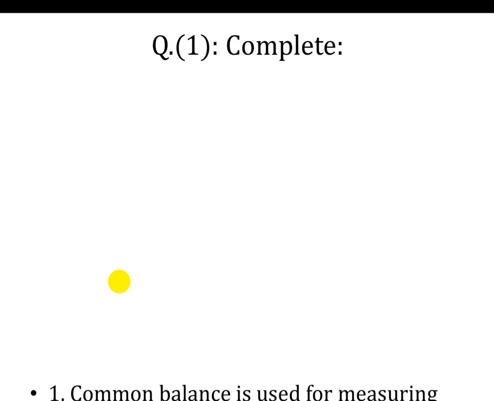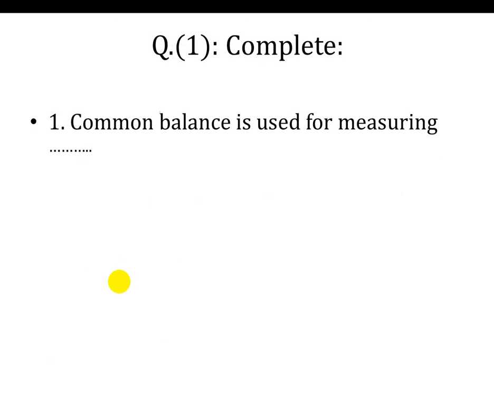So now let's make a worksheet together. The first question says the common balance is used for measuring, remember, balance. When I say a balance, whatever its kind, it measures the large masses like fruits or vegetables.